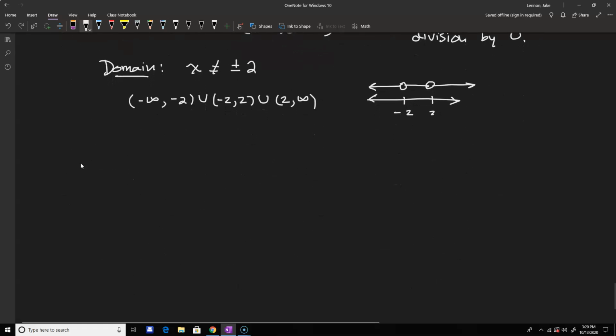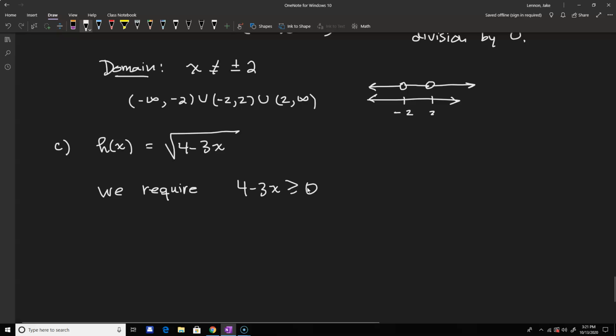Okay, let's look at C. Let's say we have h of x is the square root of 4 minus 3x. This amounts to just solving an inequality. So we require 4 minus 3x to be greater than or equal to 0 because we cannot allow a negative to be beneath the radical there.